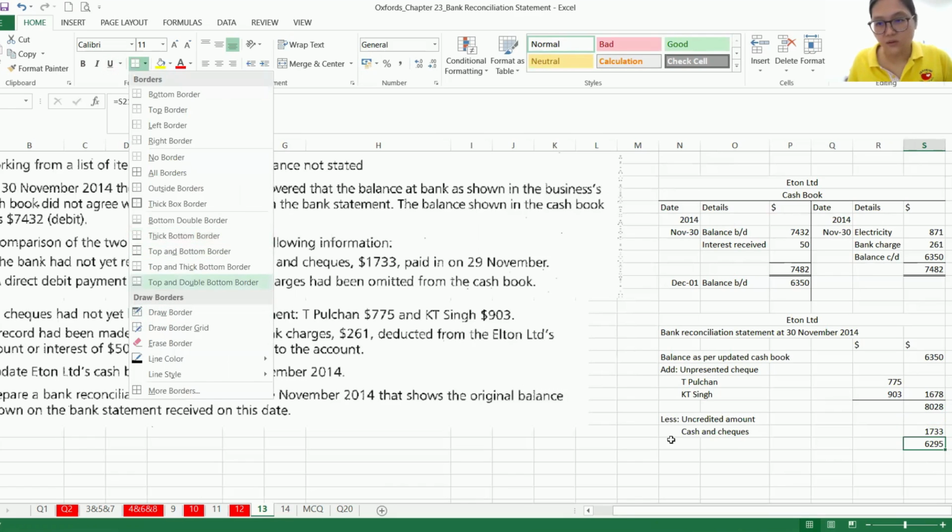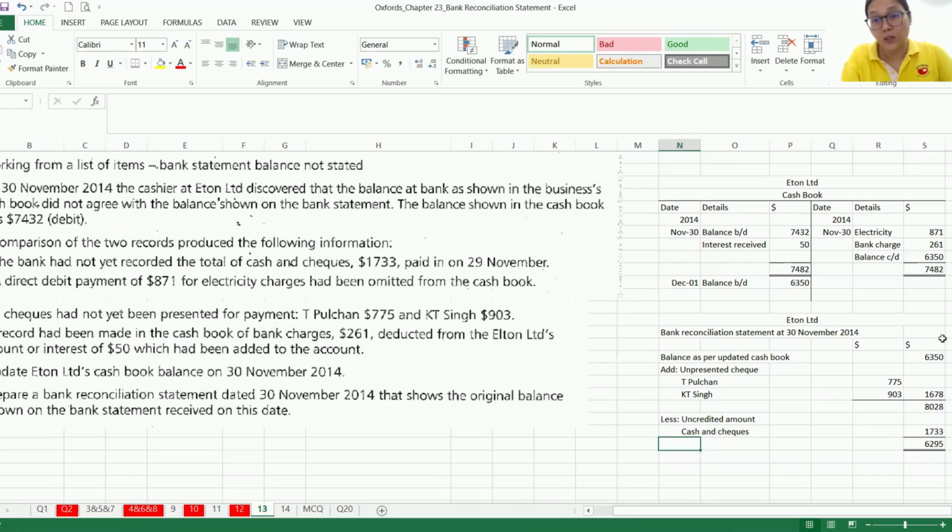We do not know whether our working is right or wrong because they didn't give the bank statement balance, so we have to assume this is the correct amount. Based on the working, this should be the balance for the bank statement.